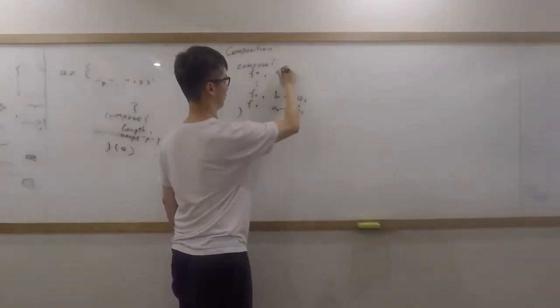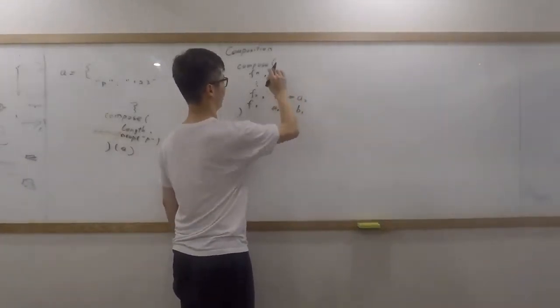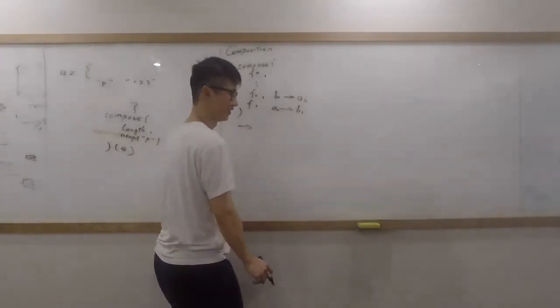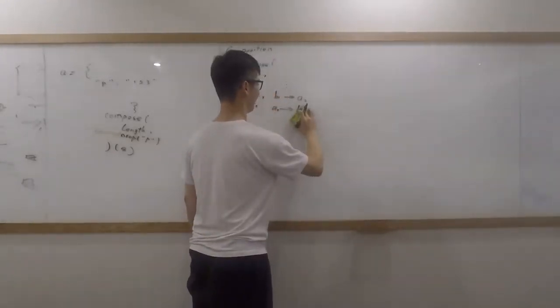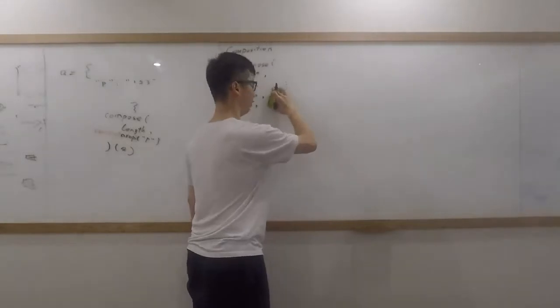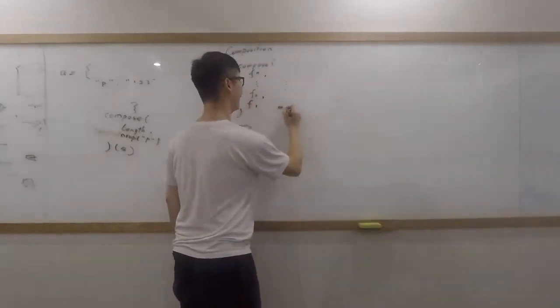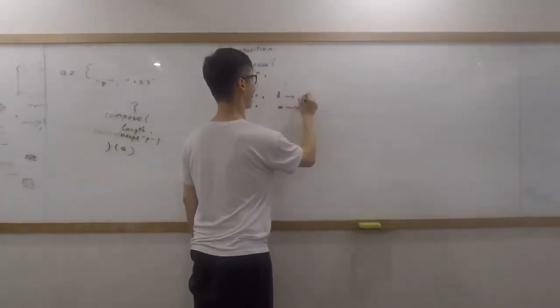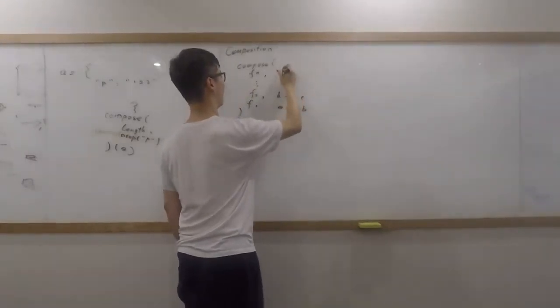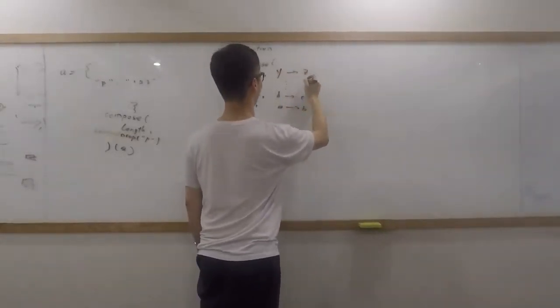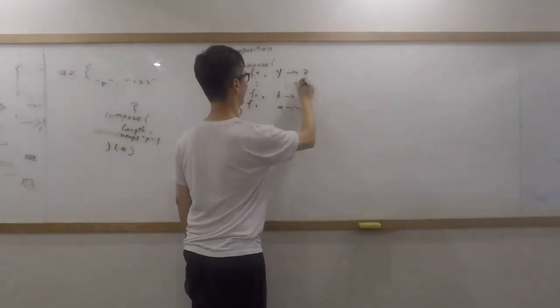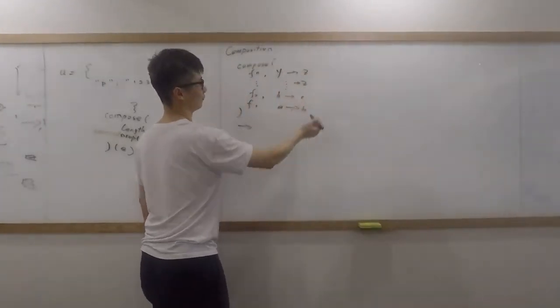So A0 to A1, A1 to A2. Yeah, okay. It should be Bn minus 1 to An. Well, you get the gist, right? Let's just write it like this. So here it will be like Y to Z, because this one produces Z here.